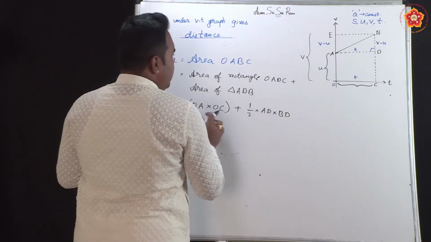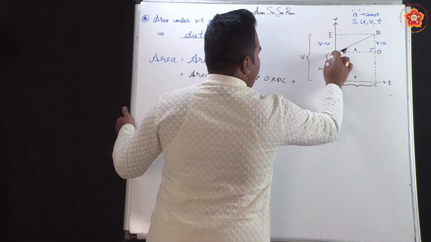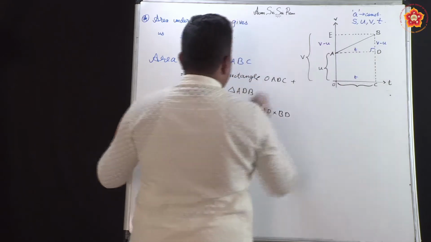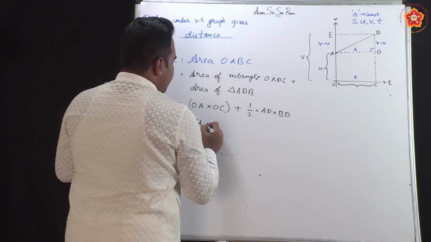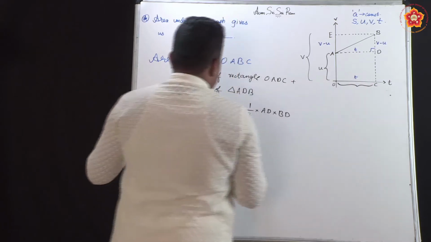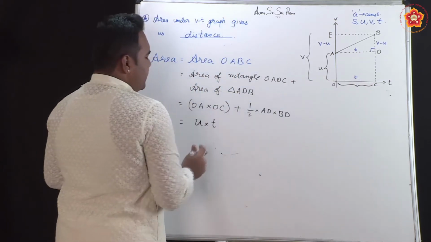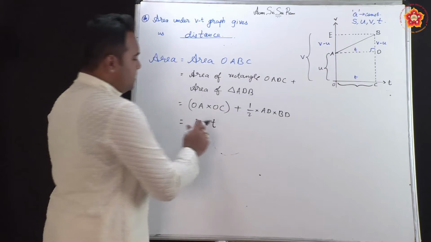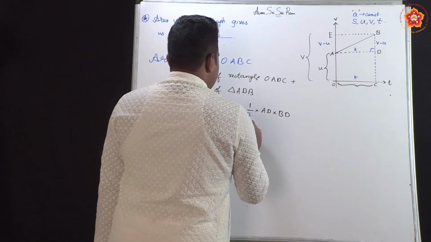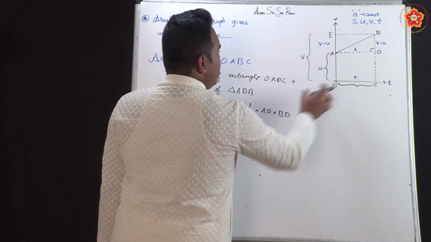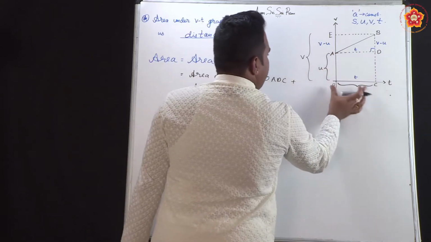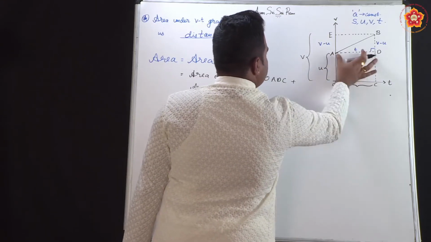So, OA into OC. What is OA? Along the velocity axis, OA will denote the initial velocity u. OC is nothing but the time taken, small t, plus half into AD. AD is nothing but OC in terms of the segment length.